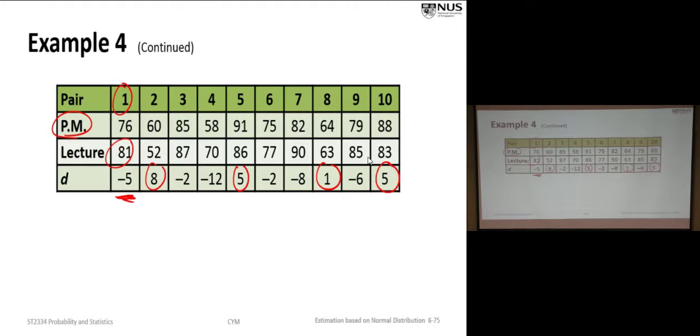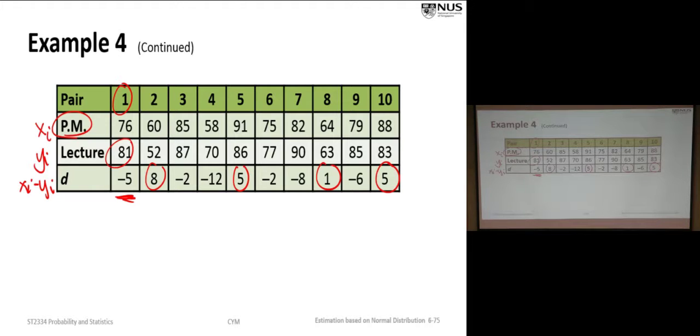So 4 out of 10 are positive, and 6 are negative.